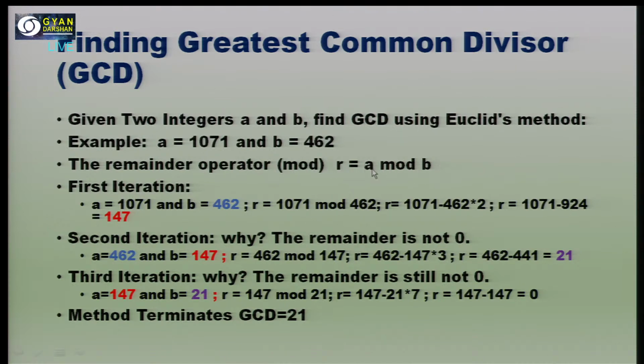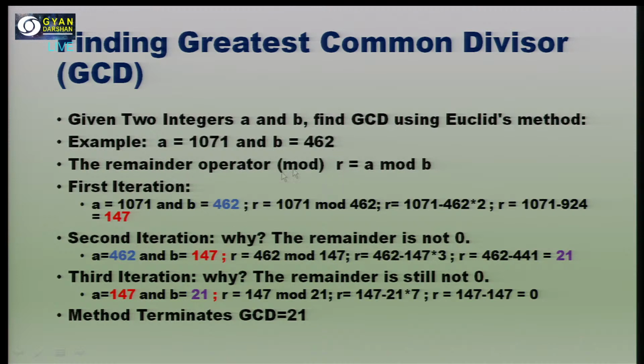If I divide a by b, whatever the remainder is will come into R. For example, if I divide 5 by 2, the remainder is going to be 1, right? Because 2 twos are 4 and 5 minus 4 becomes 1. So 1 is going to come into R.